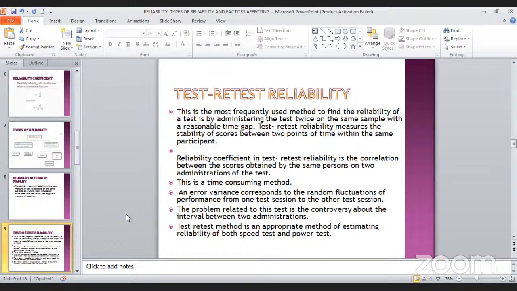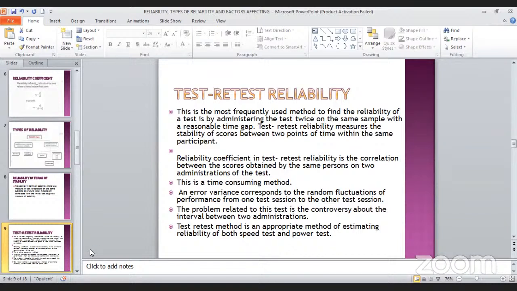And if doctors find that the follow-up result is not satisfactory, what does it mean? Maybe the initial assessment was not the right one.